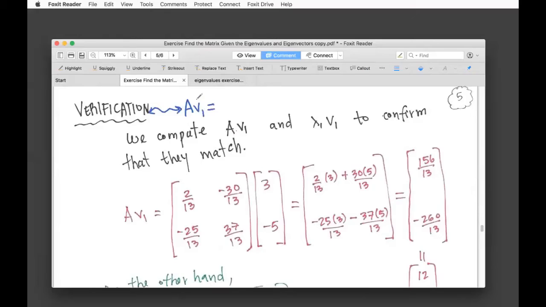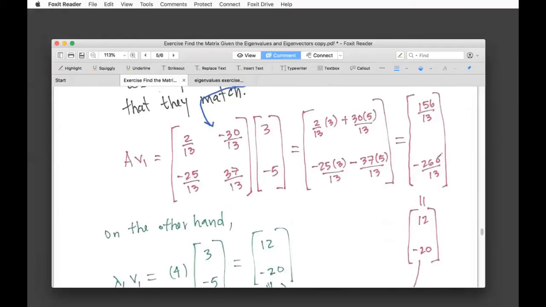So we should verify that A V1 really is equal to lambda 1 V1, and similarly for V2 and lambda 2. So we compute the matrix-vector product A times V1. There are fractions here, so this is juicy and entertaining, and you will not get bored.